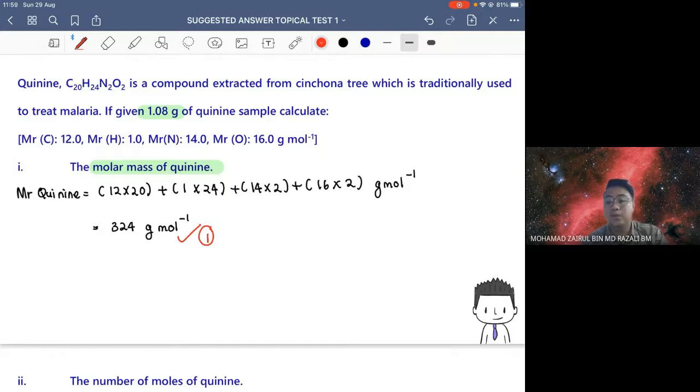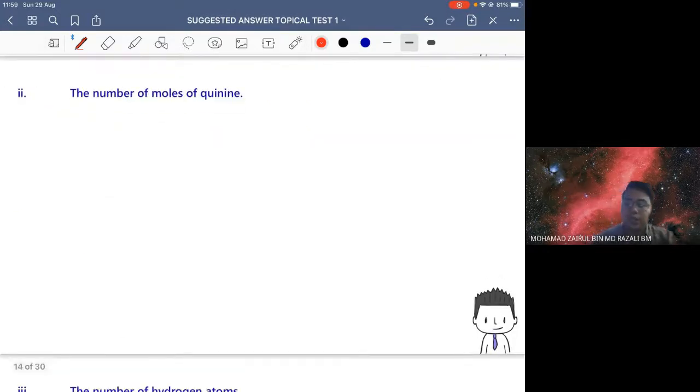Okay, with unit, then make sure you have a clear subject of calculation. Okay, number of mole of quinine. Given in the question, the mass of quinine is 1.08 gram. So in order to calculate the number of mole of quinine, from the mass, we divide by the molar mass, and we can get the number of mole.